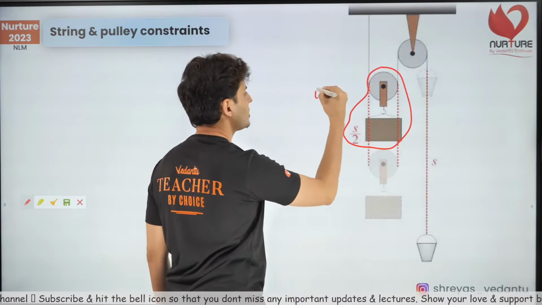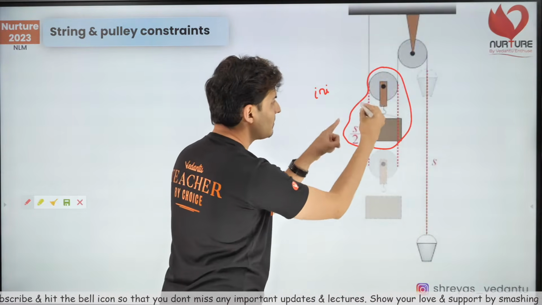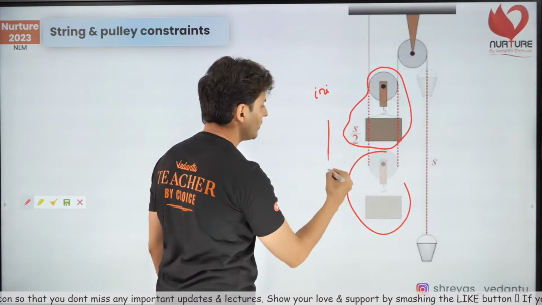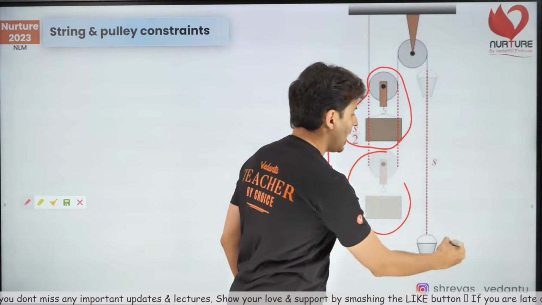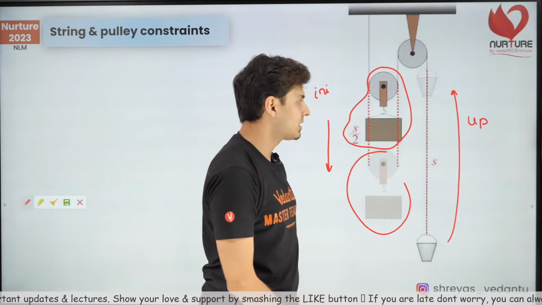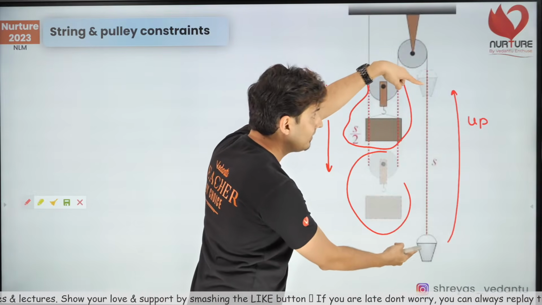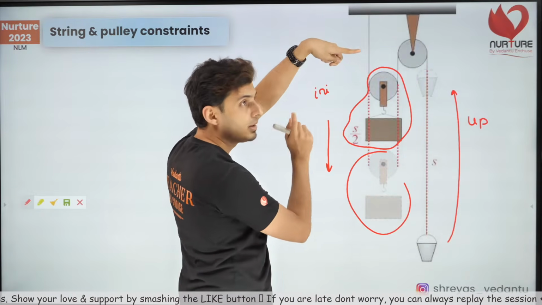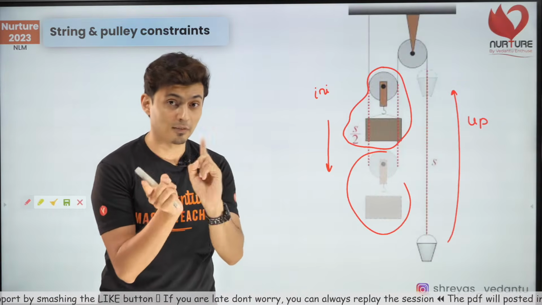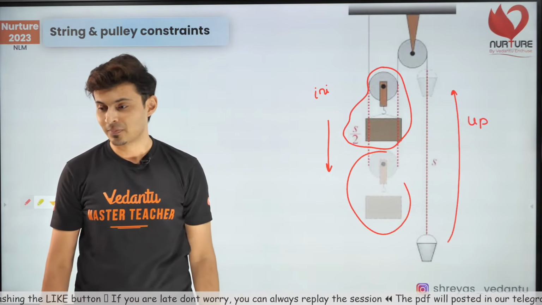This block and this pulley moved down somehow. Okay, it moved down. This bucket has moved up from its initial position, but the amount by which it moves is different than the amount by which this block comes down. There is some relationship between them.